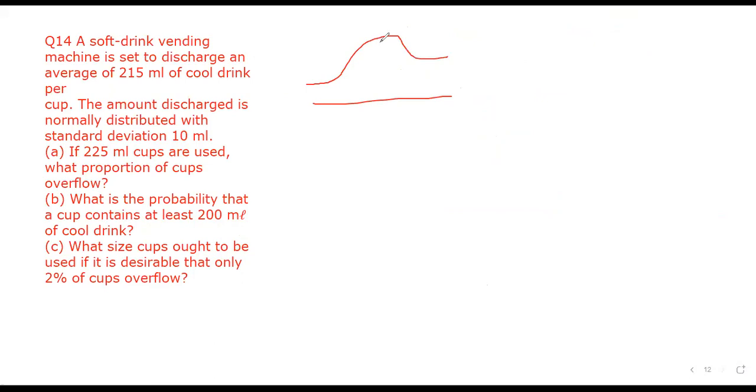So we know that our mean is 215. Then it says at least 200. So 200 will be here. We'll put our divider there, so it's going to shade this side. Our mean is here in the middle at 0. So we standardize 200. Even if we don't know what figure is there, it should be negative because it's on the left side of 0. So 200 minus 215 is negative 15. Negative 15 divided by 10 is negative 1.5.